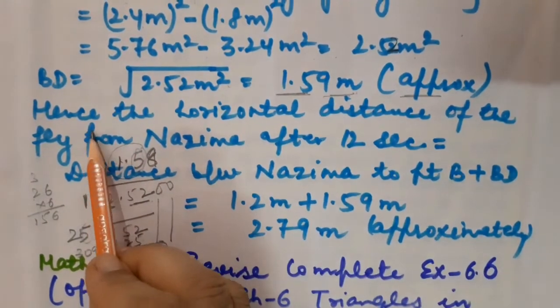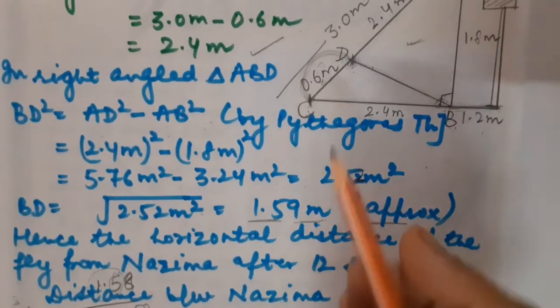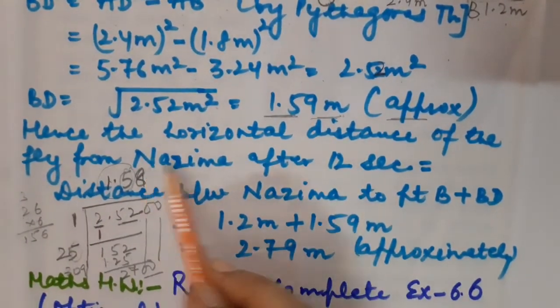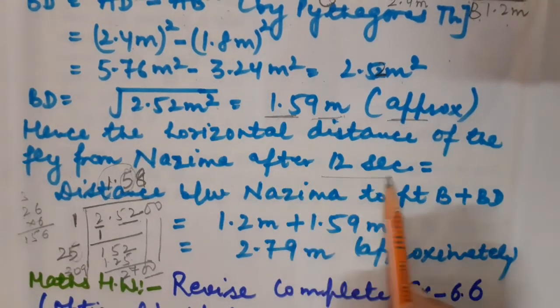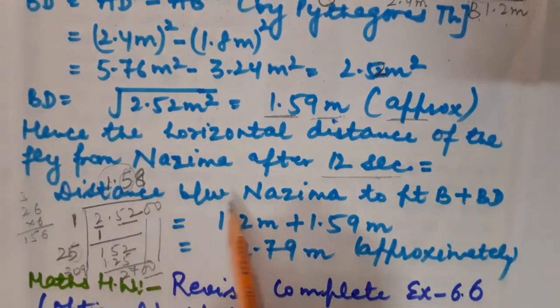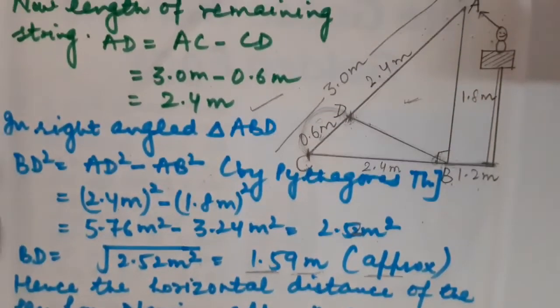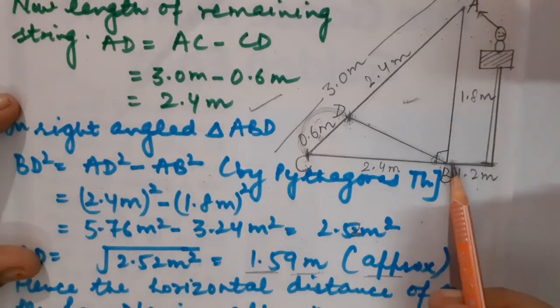Got it? So hence the horizontal distance of the fly, that is bait, whose position is point D right now, from Nazima after covering some distance of 0.6 meter in 12 seconds. So the distance between Nazima to point B plus BD, it will be taken from this point B. What is the Nazima's distance?